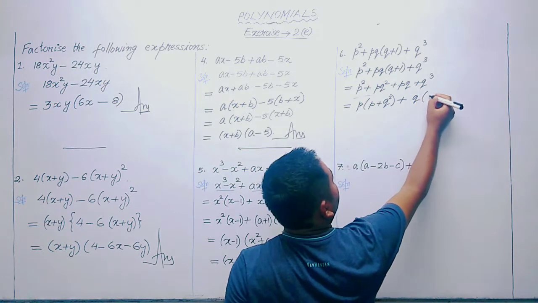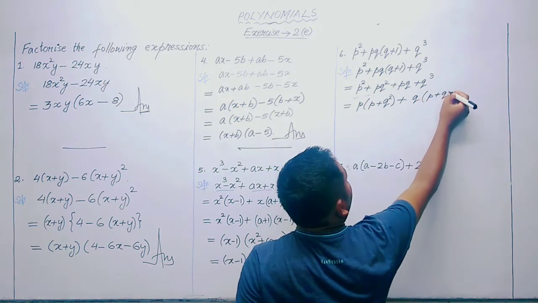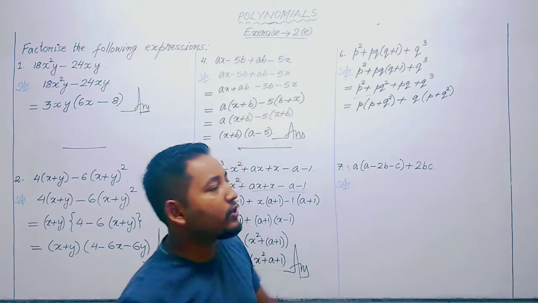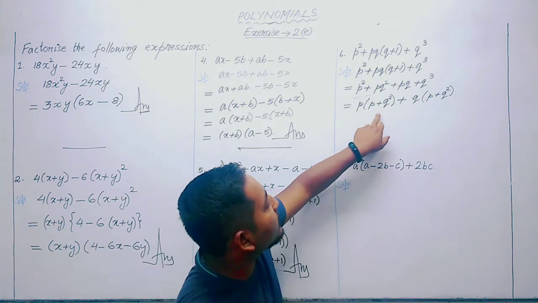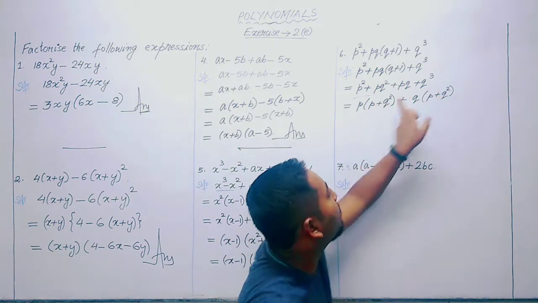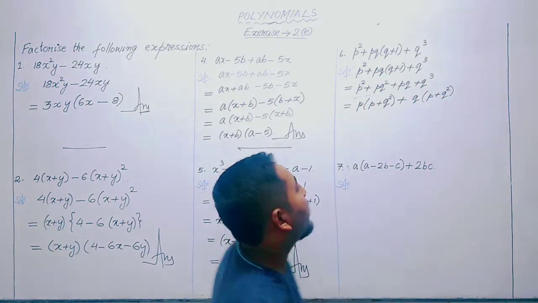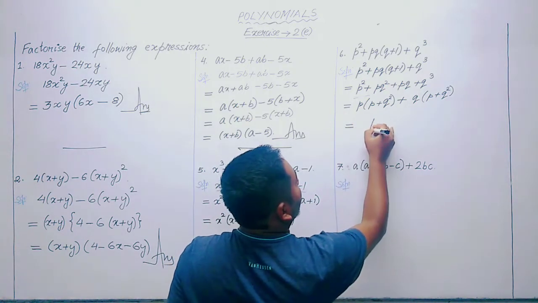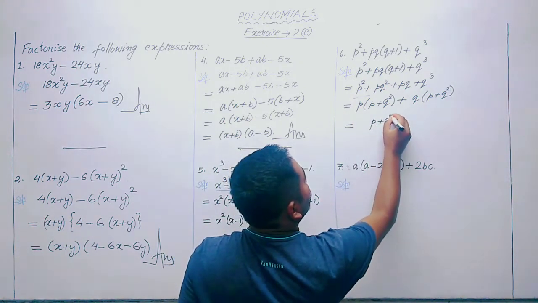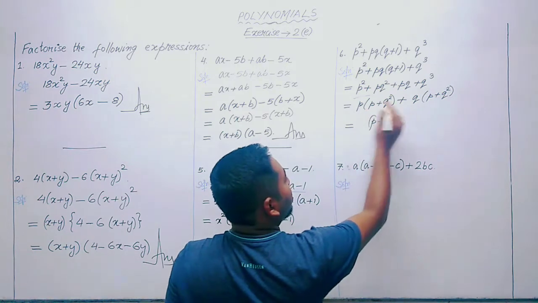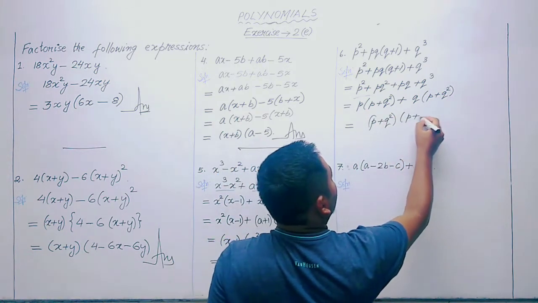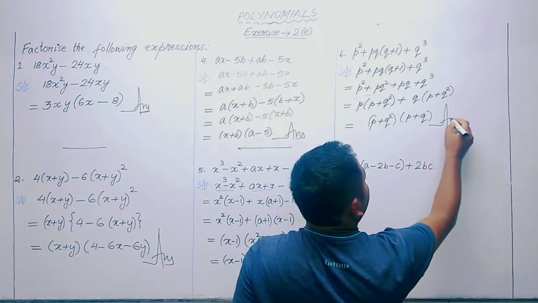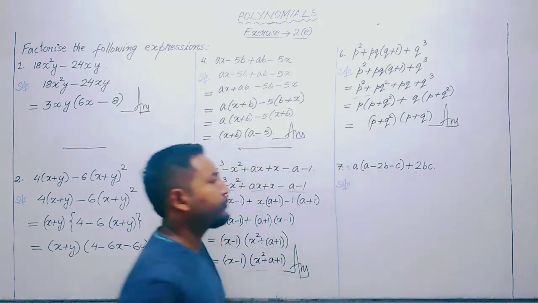Take out q, what is left? P plus q square. Now we get p plus q square, p plus q square. Both are same terms. So take it out common. P plus q square. So what is left? P plus q. That is the answer.